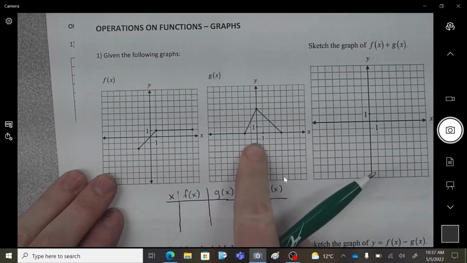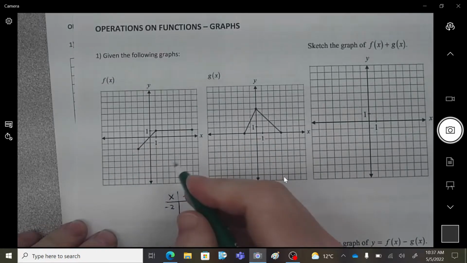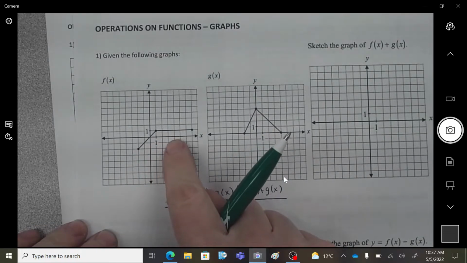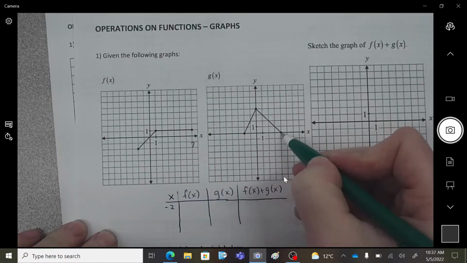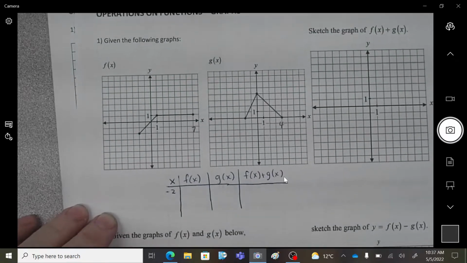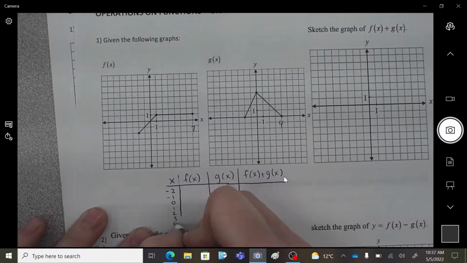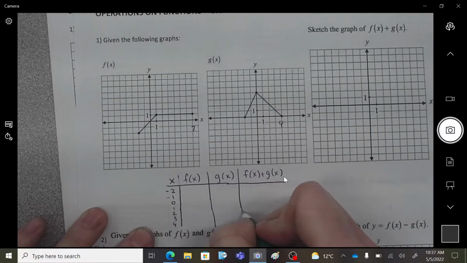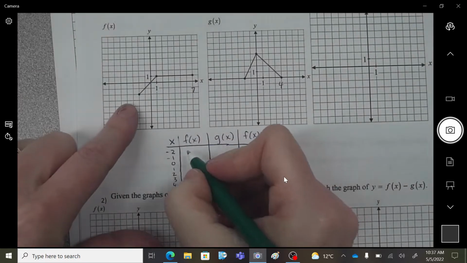Okay, so first of all, the domain, so -2 for both of them. And 1, 2, 3. So this one goes to 7, and this one goes to 4, so I do have to stop at 4. That's what my chart's going to look like. Okay, so let's do the f function here.